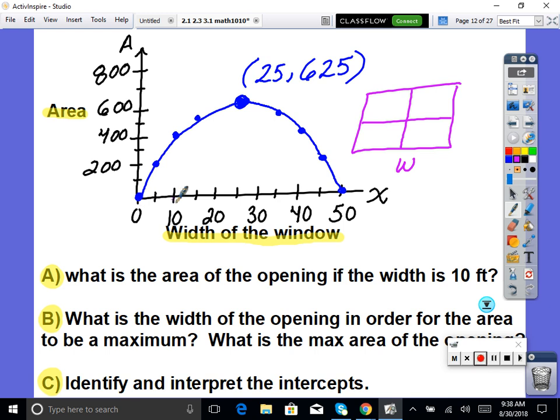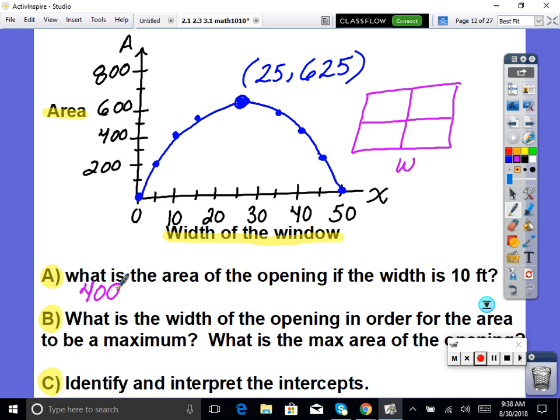So let's answer part A. So this is over here at how much? 10 feet or whatever. Does that make sense? And if you're at 10 feet, the area of the window would be 400. Okay. So A says, what is the area of the opening if the width is 10 feet? We just said it. 400. Okay. B, what is the width of the opening in order for the area to be at its maximum? Yeah, it would be the top point.